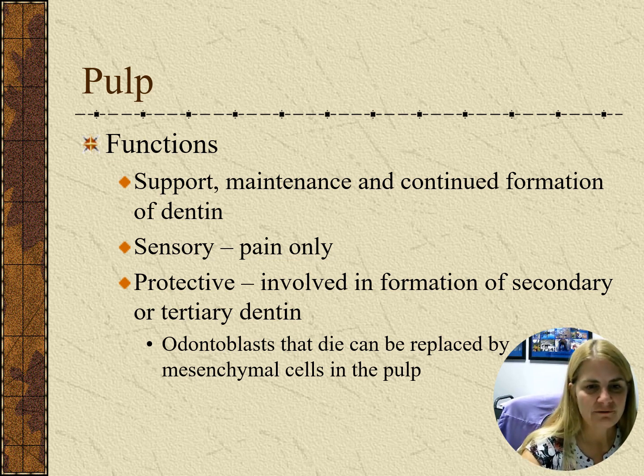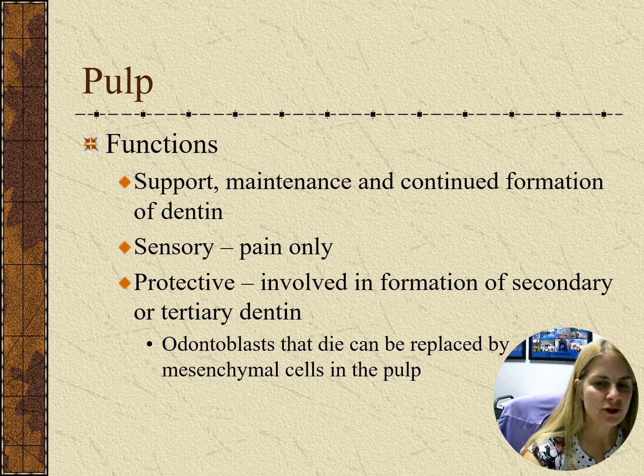There are protective functions. The pulp is involved in the formation of secondary or tertiary dentin. Remember early on that the pulp has a lot of different functions in the formation of things. So it's inductive in the early stage. The papilla and pulp interact with oral epithelium and induce tooth formation. It's formative in the fact that odontoblasts of the pulp form the dentin that surrounds and protects the pulp.